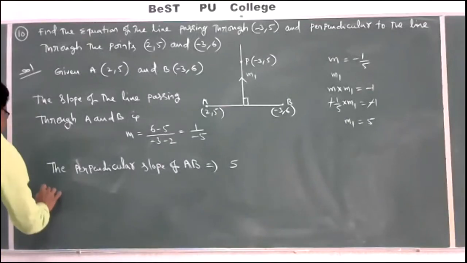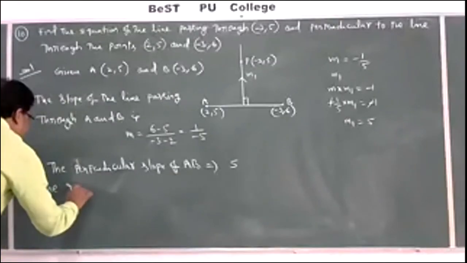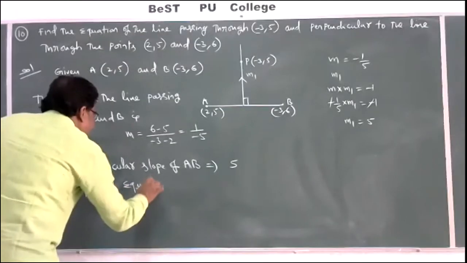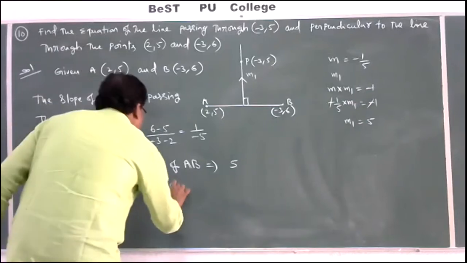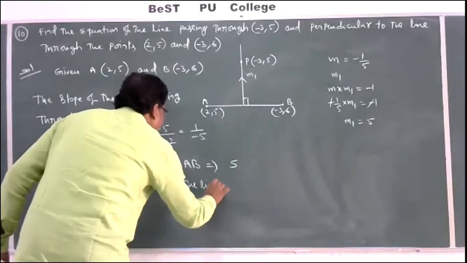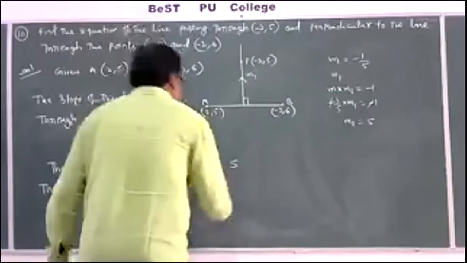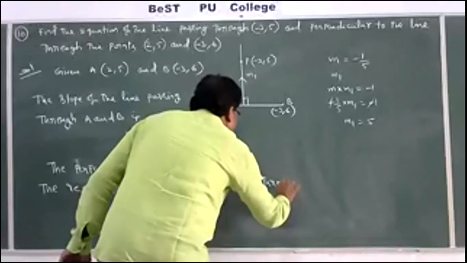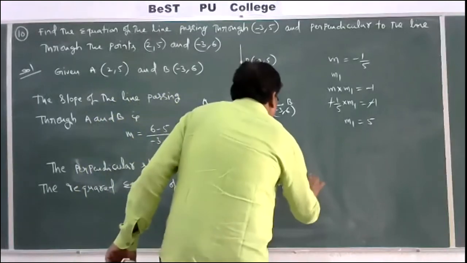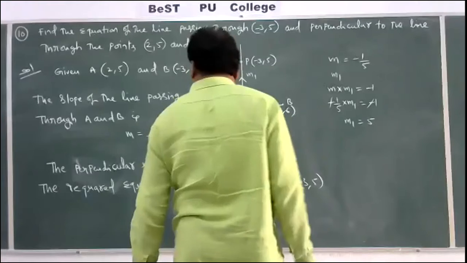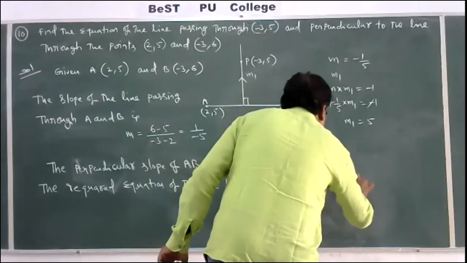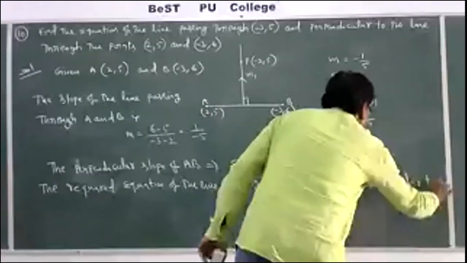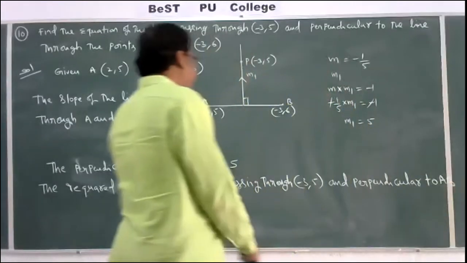Next, the required equation of the line passing through minus 3 comma 5 and perpendicular to AB.